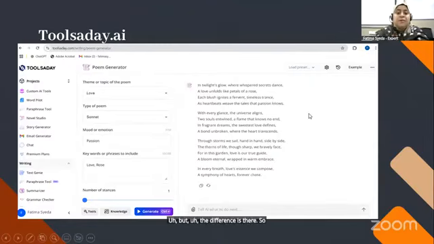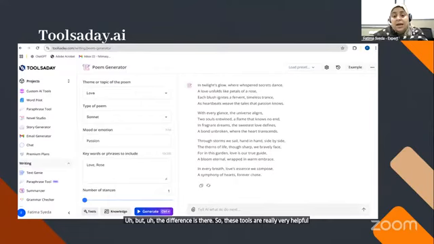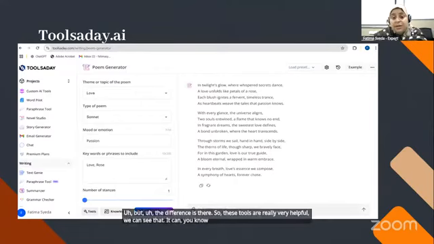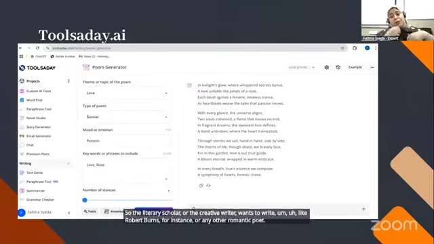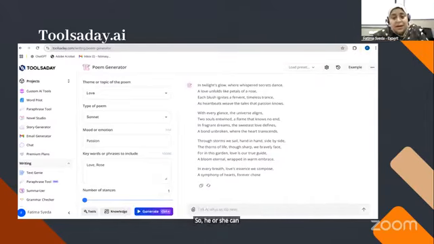So these tools are really very helpful. We can see that this tool, Tools a Day, for instance, can be used to have some ideas. So the literary scholar or the creative writer who wants to write like Robert Burns, for instance, or any other romantic poet, can get a poem from Tools a Day.